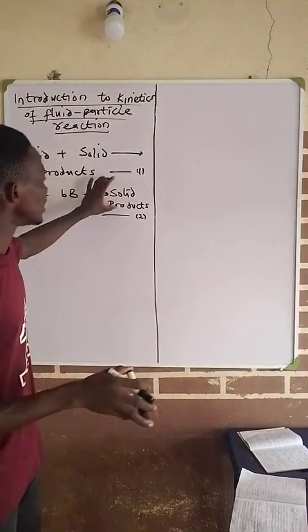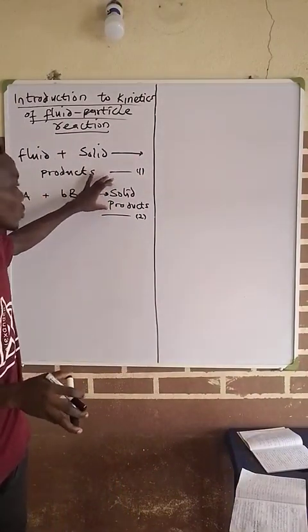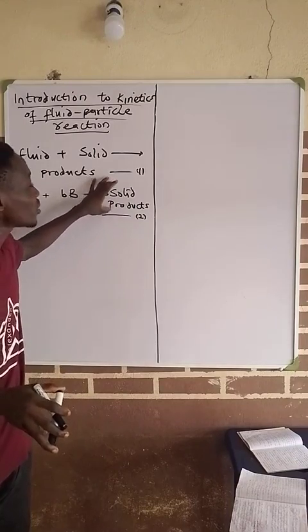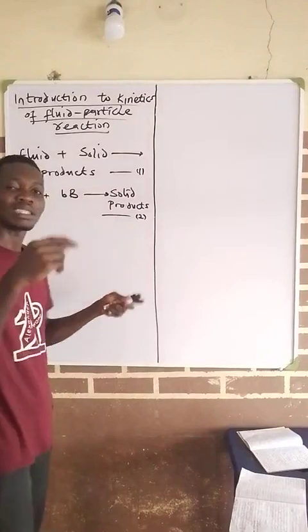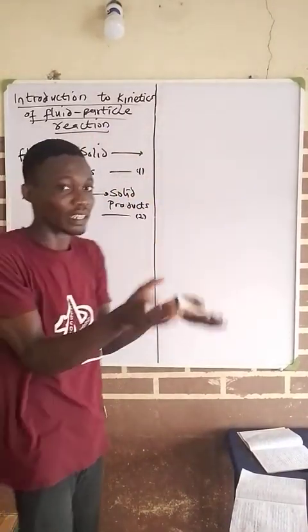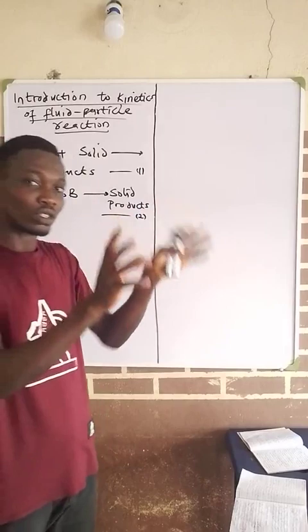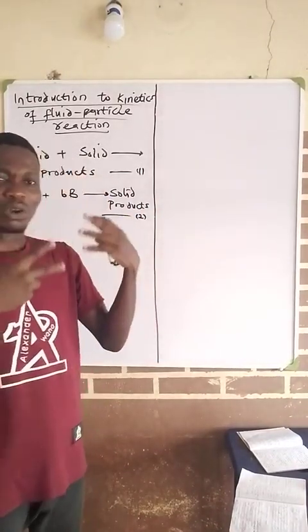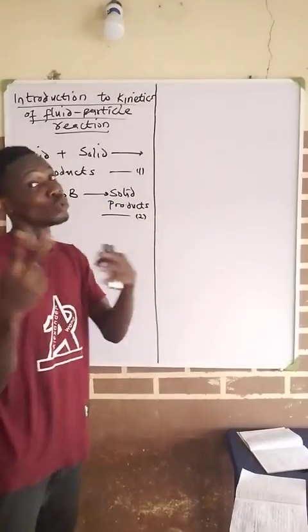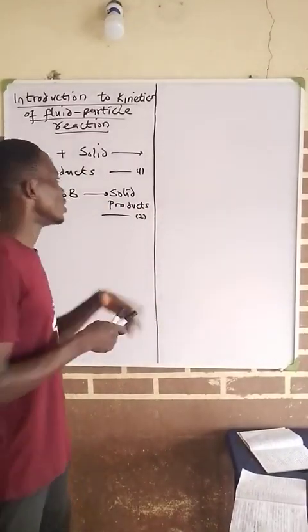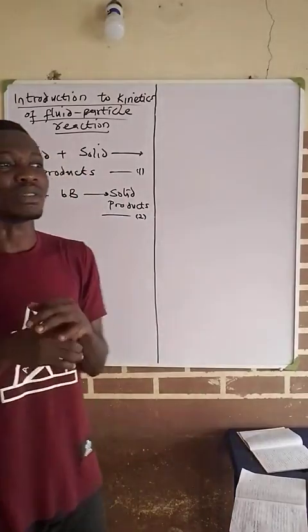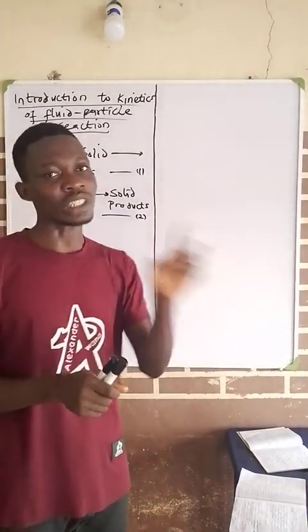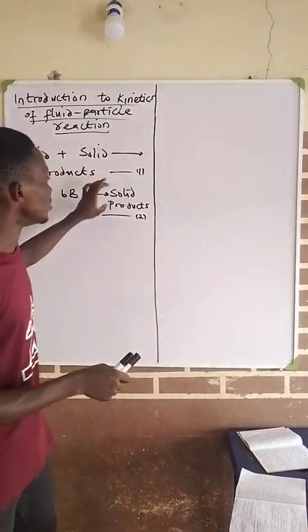Two things can happen to our solid product. The solid product can be in two conditions. I think that's the best word to use. Number one is that it either remains unchanged in size or it changes in size. Now, how does it remain unchanged in size?